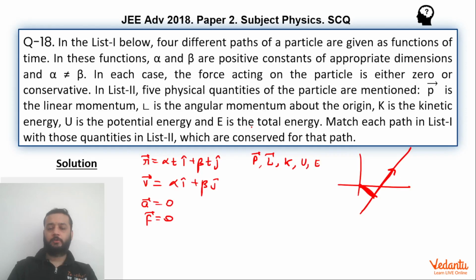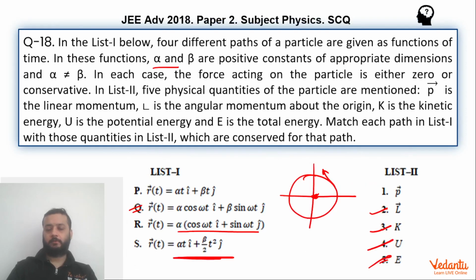Okay. So if you think carefully, we can say that linear momentum will not be constant because velocity will change its sign. Angular momentum will not be constant because you can think in gravity the particle goes away from the origin. So its angular momentum will not be constant. Kinetic energy will not be constant because there will be an acceleration. Potential energy will not be constant.